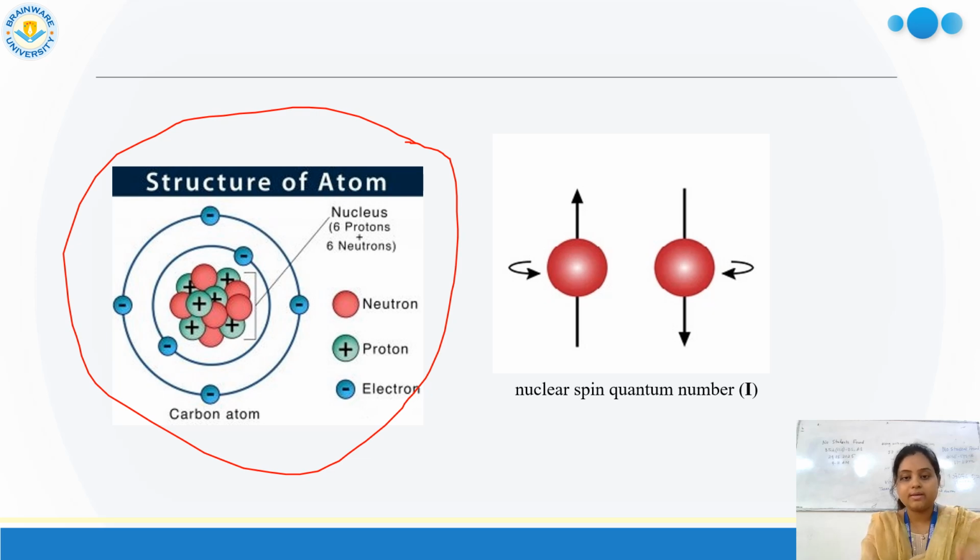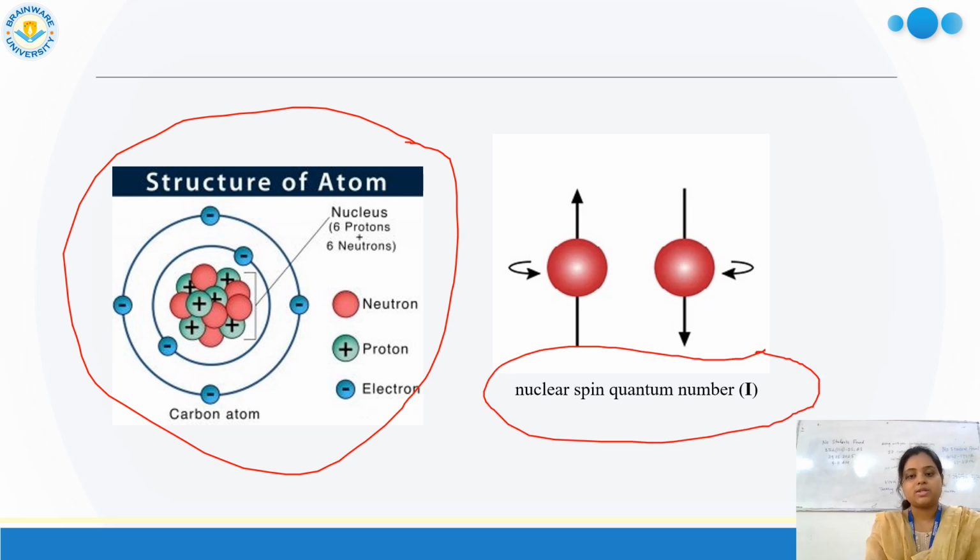This spin, or the state of that spin, is defined by the spin angular momentum, the spin quantum number, which is denoted by capital I. So this much only we have to remember: the nucleus spin quantum number is I. The nucleus is spinning, either clockwise or anti-clockwise. It has its direction, so that's why it is a vector.